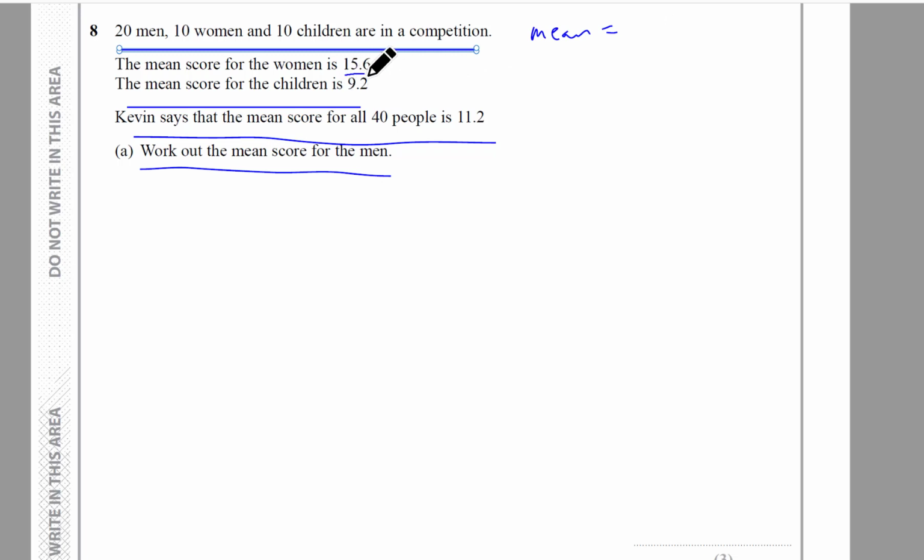And if this is the mean score for the women and there's 10 women, that means the total score for the women must be 10 times 15.6, which equals 156. The mean score for children is 9.2, and there's 10 children, so we do 10 times 9.2, which equals 92.